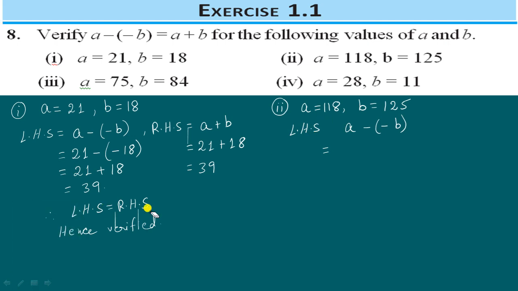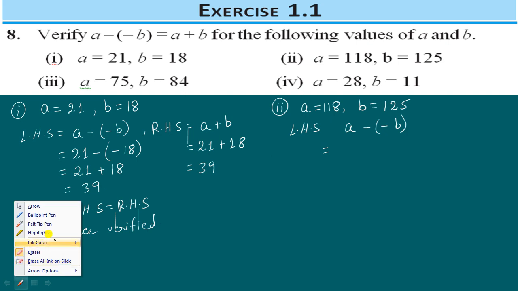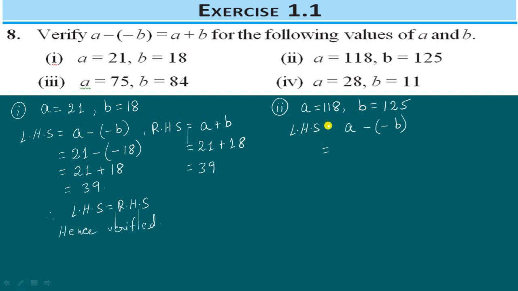The value of a is 118, minus of minus b, 125. Therefore we are getting 118 minus into minus is plus 125.